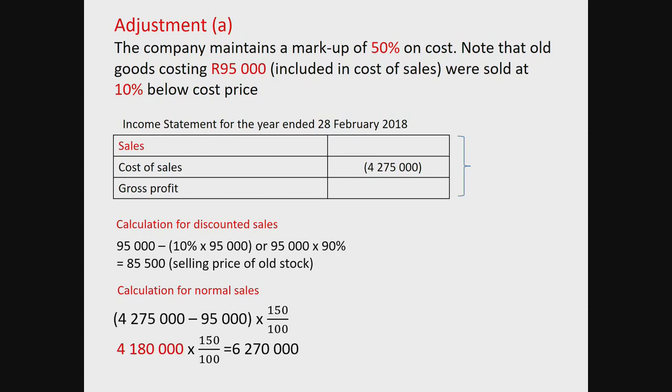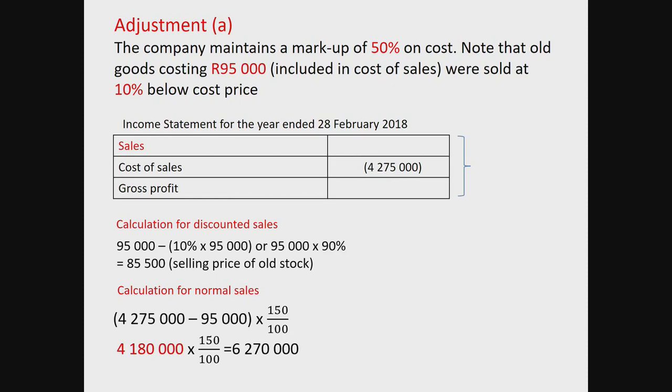That answer gives me 4,180,000. So now I have discounted sales of 85,500 and I have normal sales of 6,270,000. Okay, so those two calculations will go in your block for your calculations.